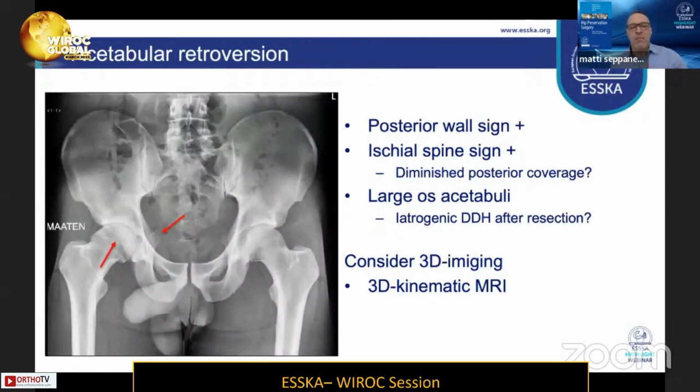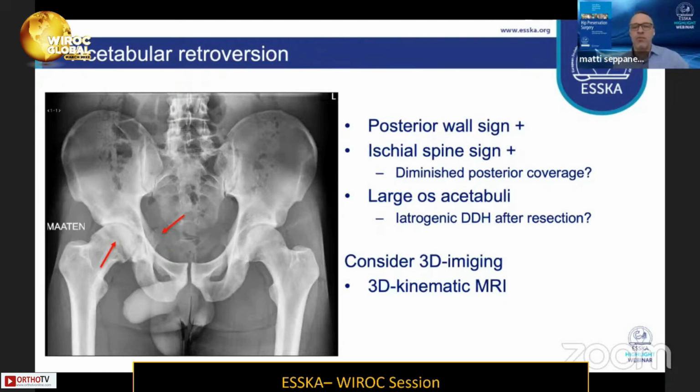I think that the main issue when you think about rim trimming is to locate your problem. So the standing AP pelvis X-ray is probably one of the most important imaging studies you have to do preoperatively.